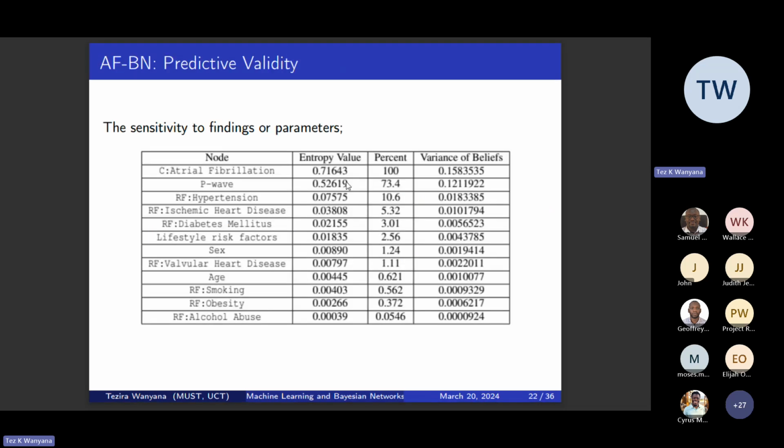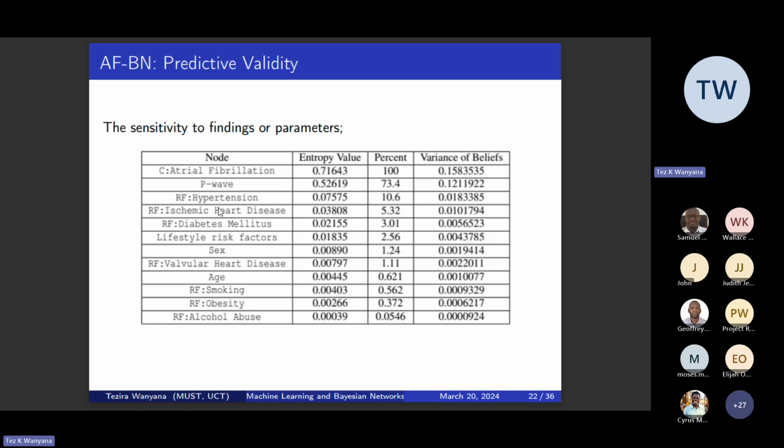And so what we have here, you can concentrate on the first column, and maybe I'll go into the second a bit. We don't use a lot of variance of beliefs, but it's also a measure of sensitivity, and we actually work that out. But our interests are here because this is what we apply later. And so to measure the sensitivity to findings, like I said earlier, you can use entropy.